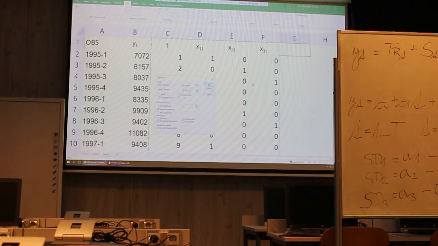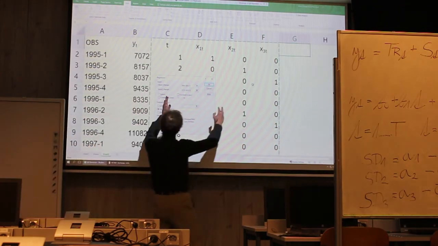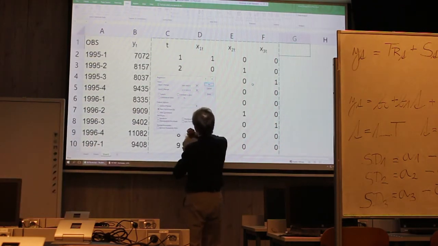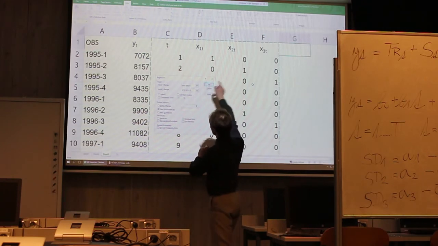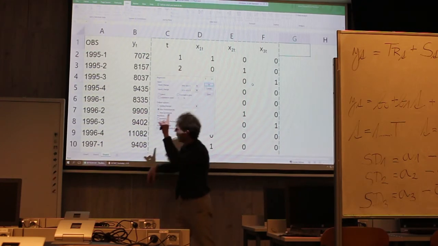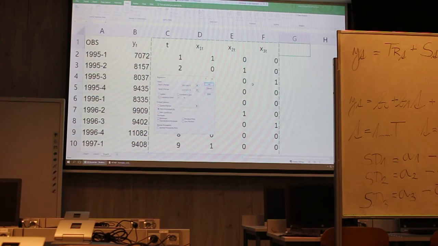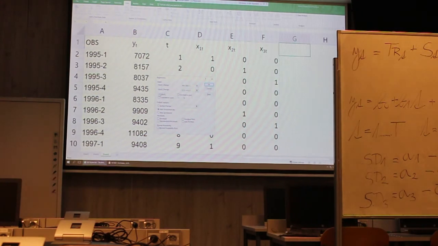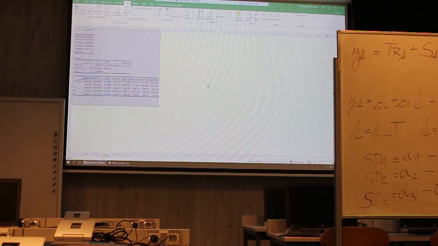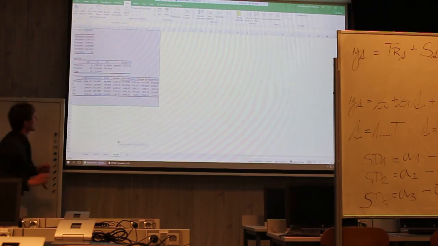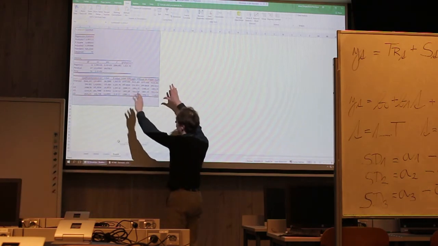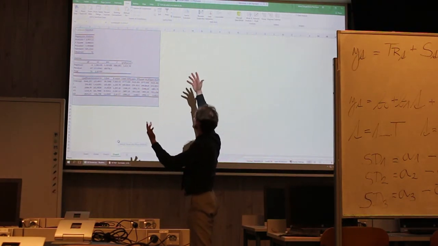You can see all 4 columns. I also selected labels, so please don't forget to select labels here. Everything is prepared, so you click on OK. You will see sheet 4, and there is the regression output.